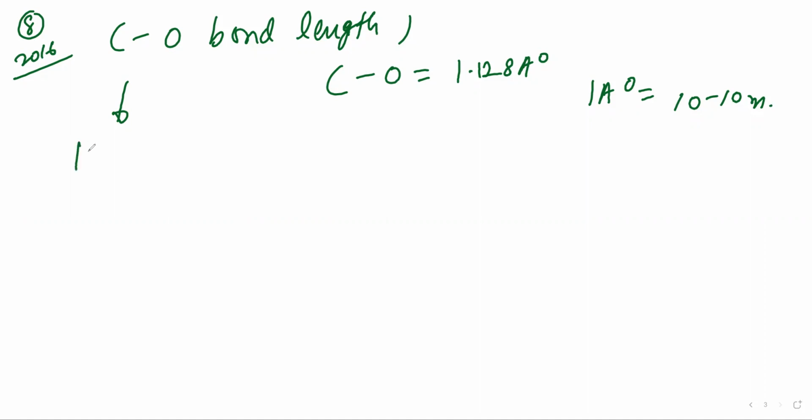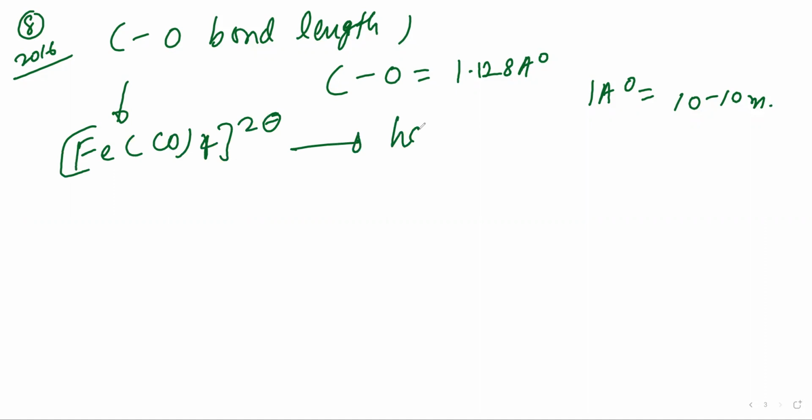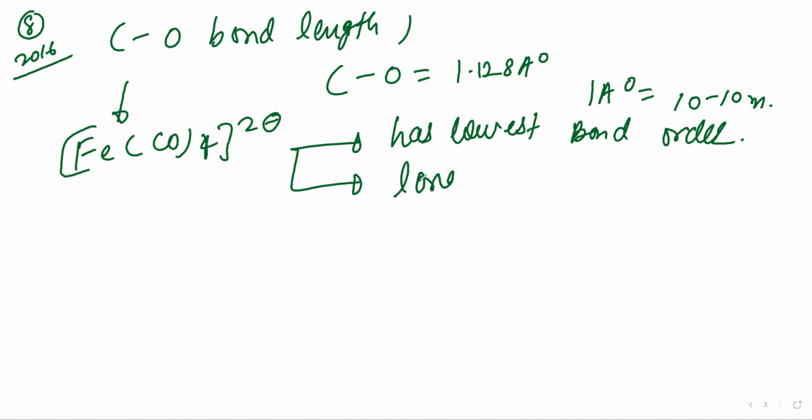Thus Fe(CO)4 2 minus has the lowest bond order, and hence the larger bond length. So the lowest bond order gives the longest bond length.